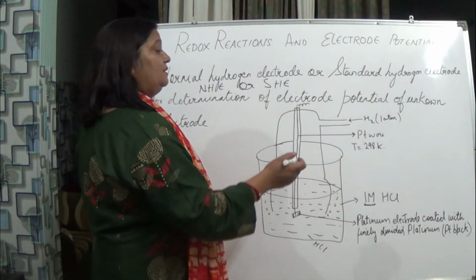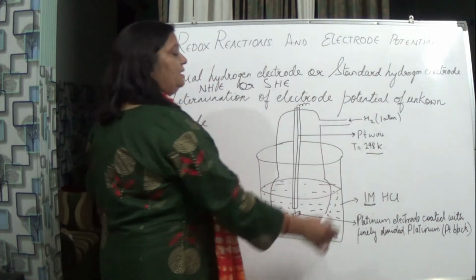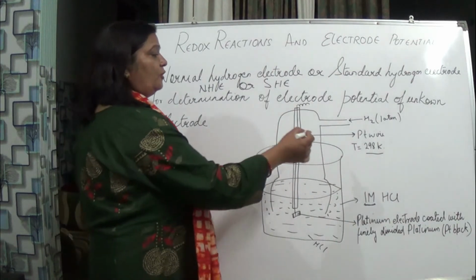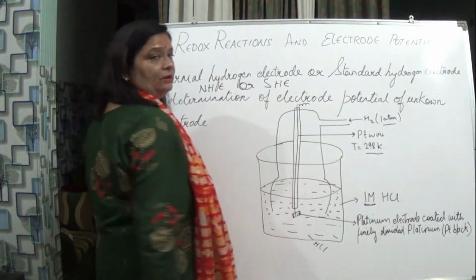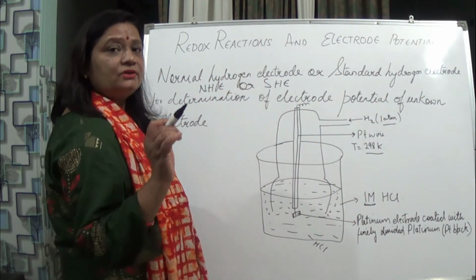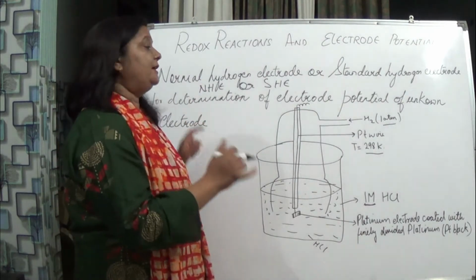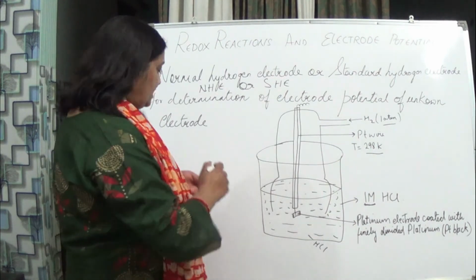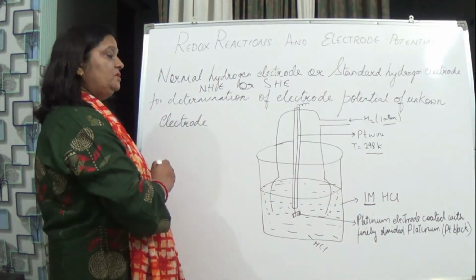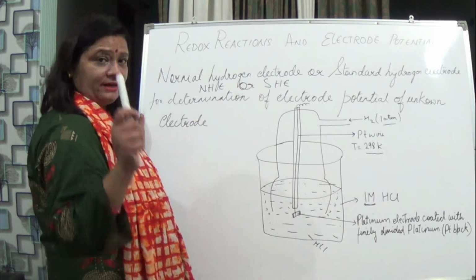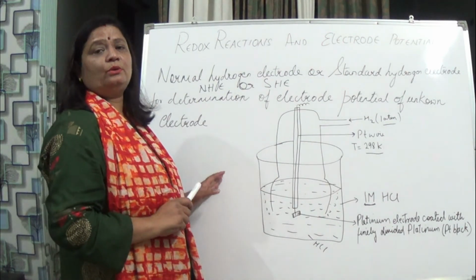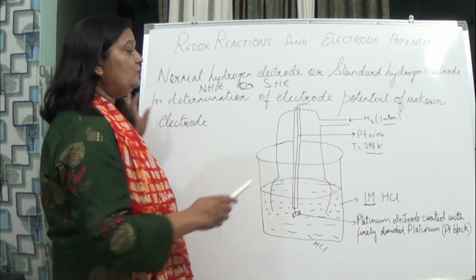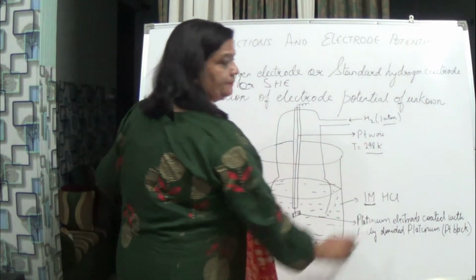Temperature is written 298 Kelvin, standard condition of temperature. 1 atmospheric pressure, standard condition of pressure, because we are bubbling hydrogen gas in it. So this standard hydrogen electrode can act as cathode also, or it can act as anode also. It depends on what it is being connected with.